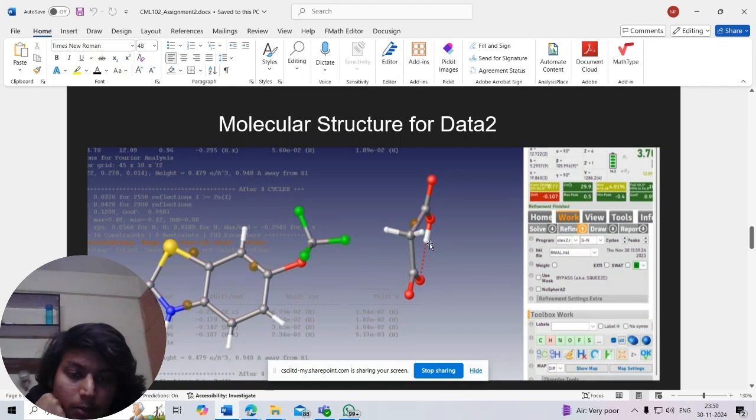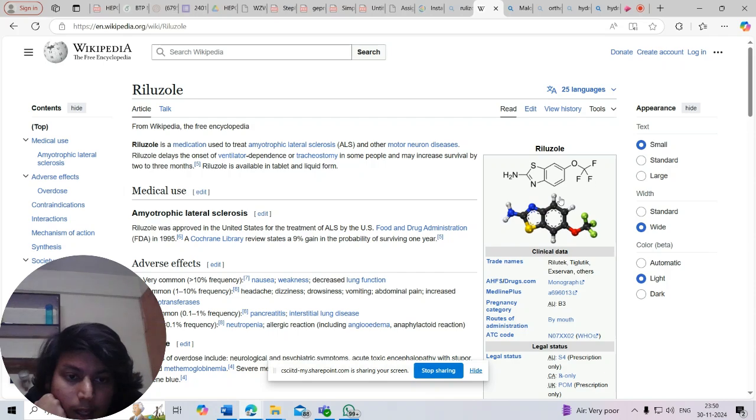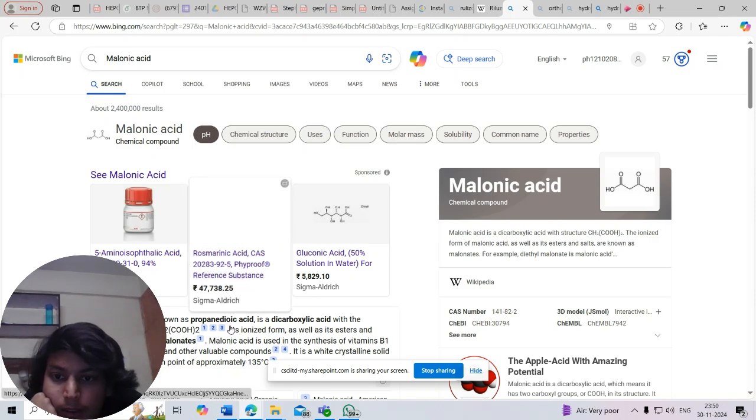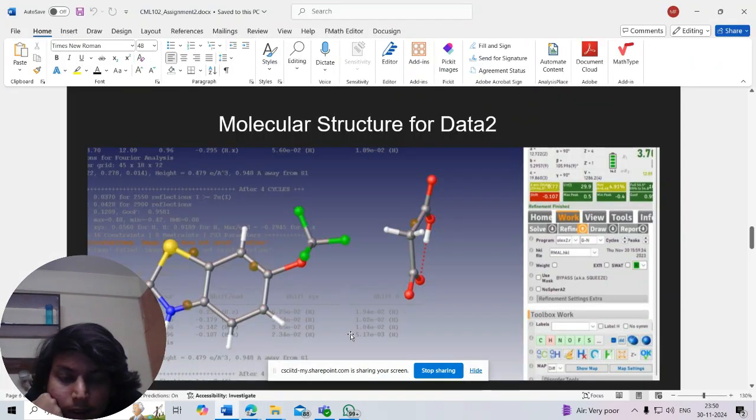And then this part is the thing coming from the malonic acid, right? So this part basically. You can identify these carbon atoms, and then you have oxygen atoms attached to them.